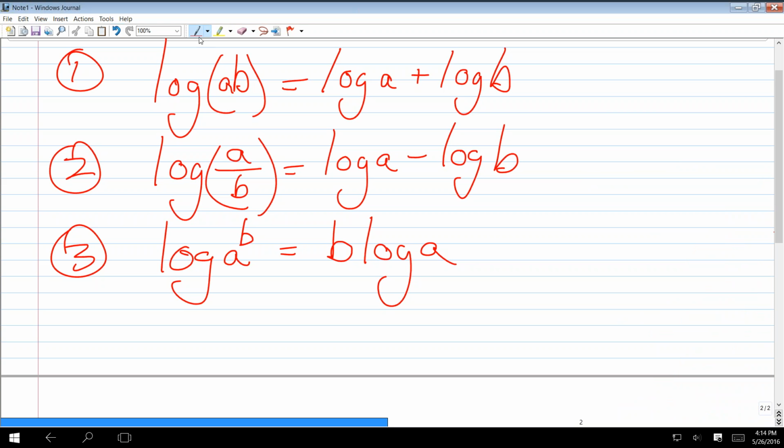But usually everything's going to be in either common logs or natural log. Once you get to calculus, you almost use nothing but natural logs, because natural log has such a nice property in calculus. Right now everything is log base 10, common logs.